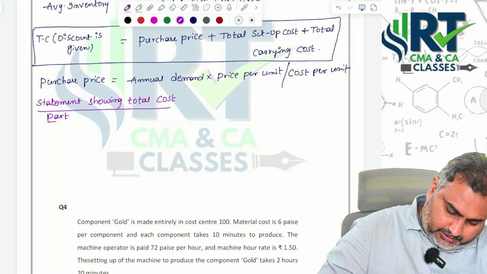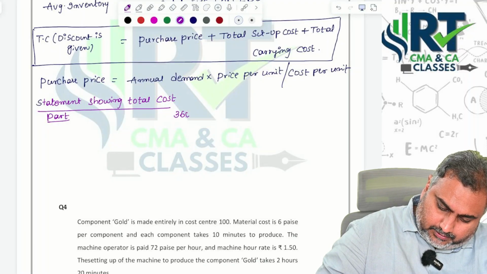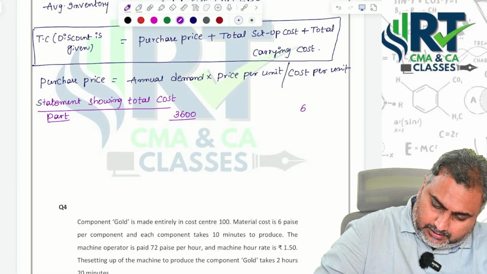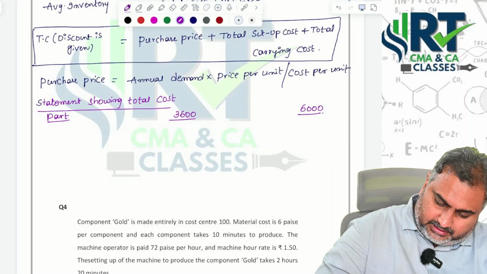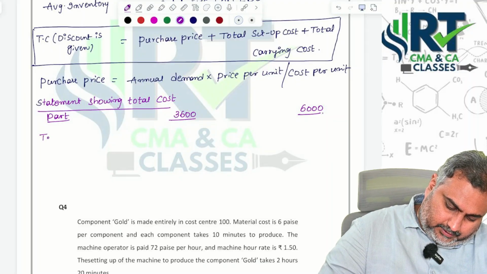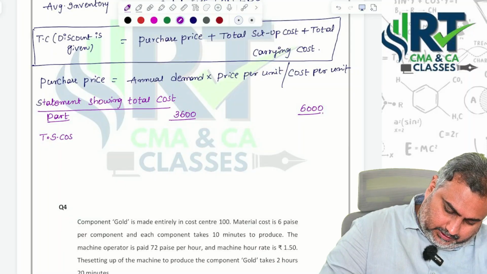Particulars: 3600 bearings, 6000 bearings. First start with total setup cost.